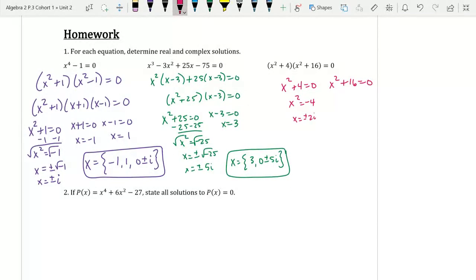I'm skipping a couple steps there, but I'm hoping you get the concept at this point. I would get x squared equals negative 16, so x equals plus or minus 4i. Square root of 16 is 4. So then the solution set here would be 0 plus or minus 2i and 0 plus or minus 4i, again, if I put it in a plus bi form.